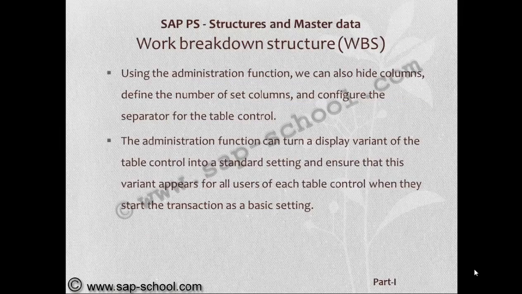Using the administrative function, we can also hide columns, define the number of set columns, and configure the separator for the table control. The administration function can turn a display variant of the table control into a standard setting and ensure that this variant appears for all users of each table control when they start the transaction as the basic setting.